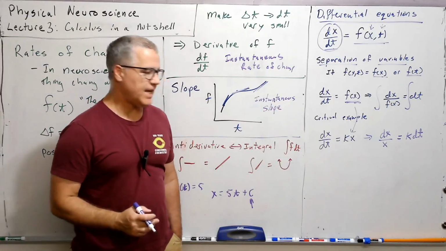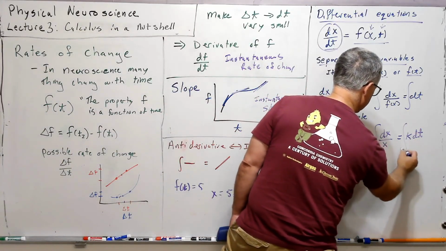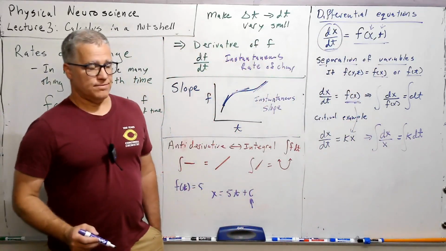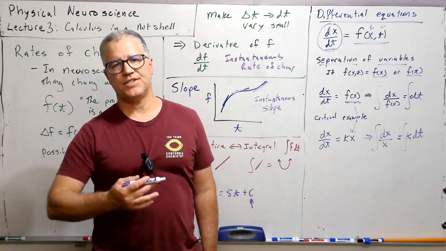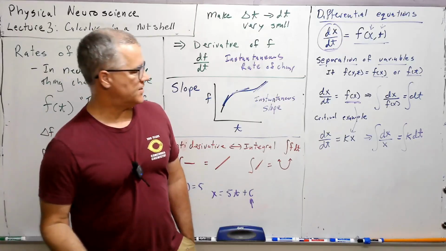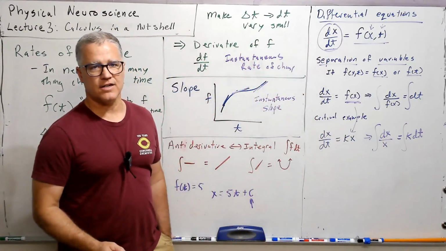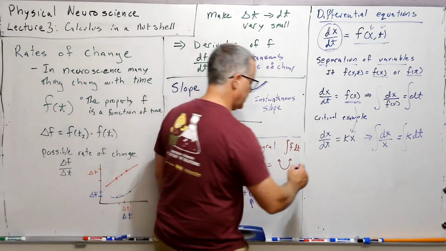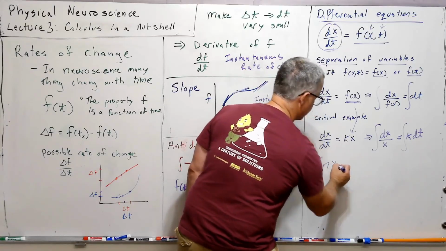Now let's go ahead and take the antiderivative of both sides. I'm going to just tell you this if you haven't had calculus. This is such an important antiderivative in neuroscience: if we have the antiderivative of 1 over x, then this is going to be the natural log of x.